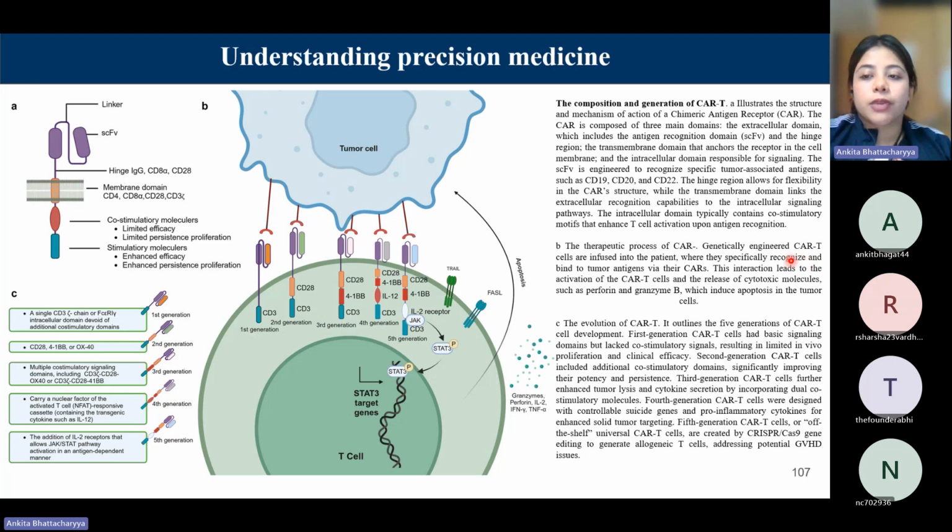Now, what is it going to do? Genetically engineered CARs, after infusion into the patient, are able to recognize and bind to the tumor cell antigens via these receptors. This leads to the activation of CAR T cells.